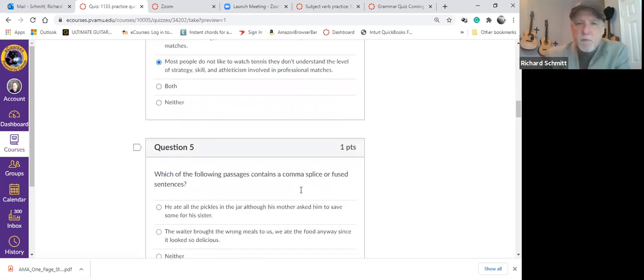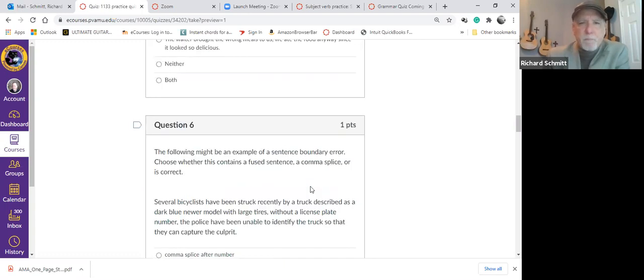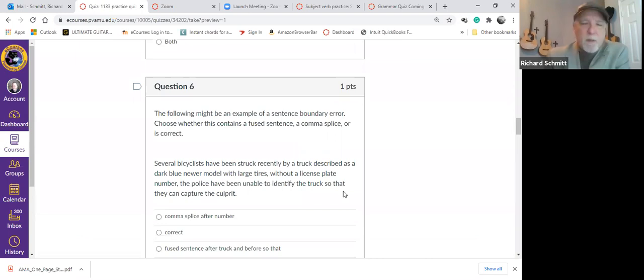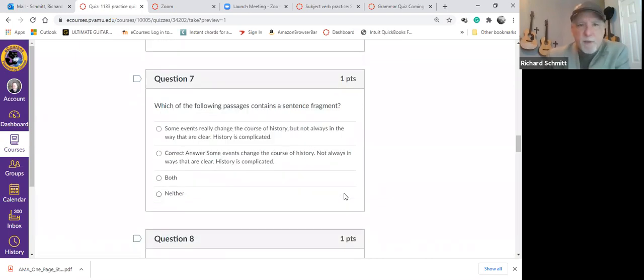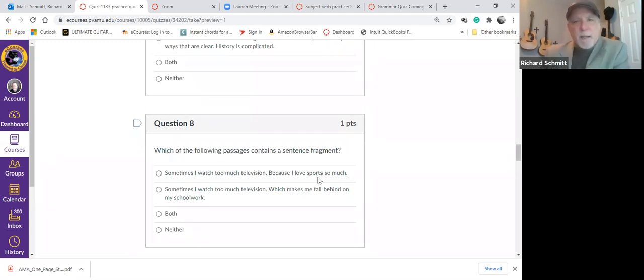And so now I'm going to scroll down to the fragment part. Well, let's go to fragments first. Which contains a sentence fragment, meaning not a sentence. Well, we've talked about this before. We could jump ahead. You see this, a period there and a because?